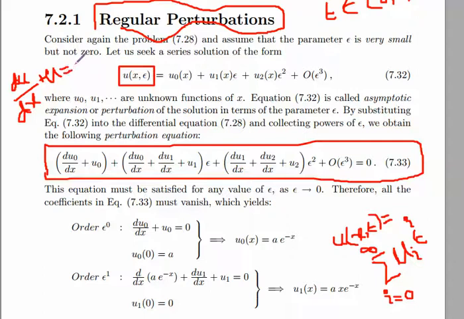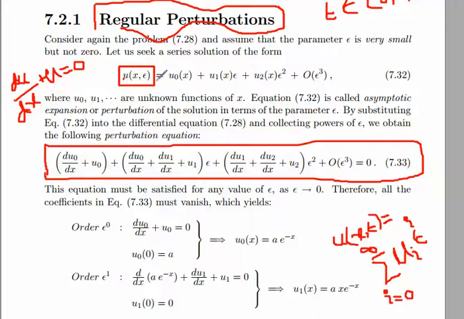So we replace all these u's by this series. First we need to differentiate this expansion, so we need to find du/dx. Once you differentiate this series, it gives you du0/dx plus du1/dx epsilon plus du2/dx epsilon squared, and so many more terms, and the expansion of u.